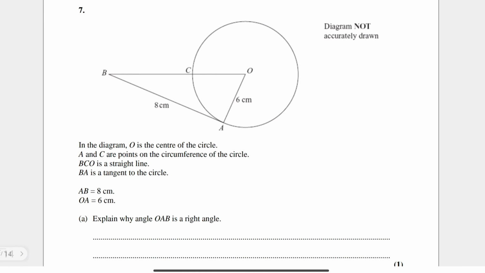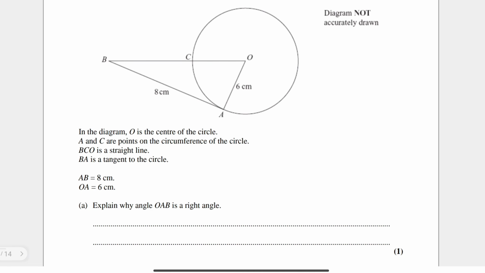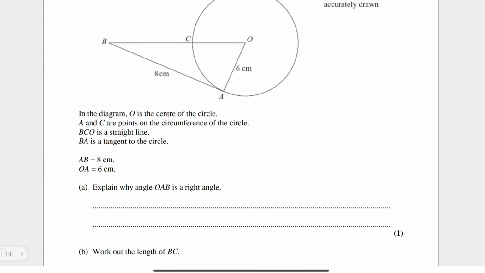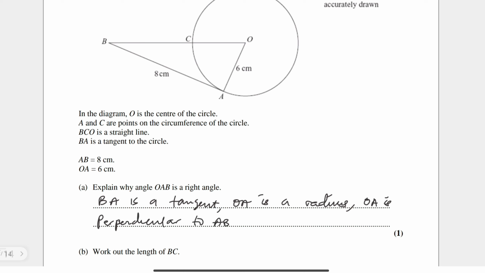Very good. Already we know that since BA is a tangent, and OA is a radius, OA is perpendicular to AB.